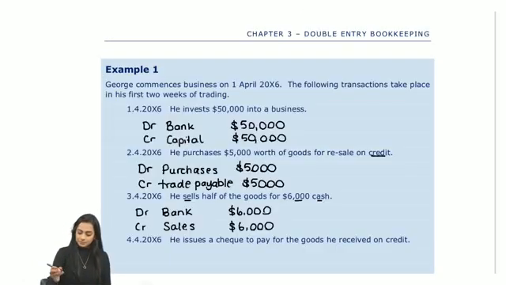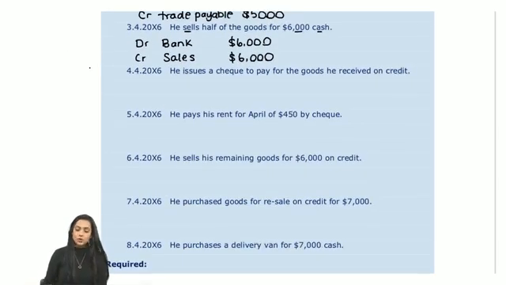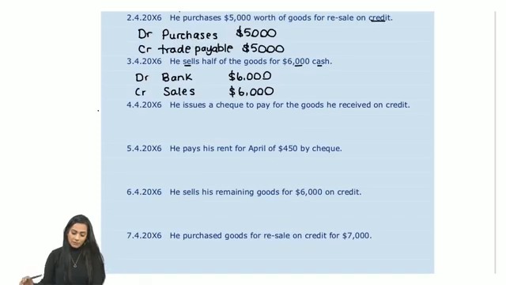Next ones. On the 4th of April, he issues a check to pay for the goods he received on credit. Do you remember on the 2nd of April, he bought goods on credit? Now on the 4th of April, he's paying his supplier back.